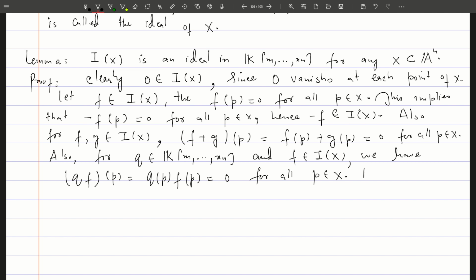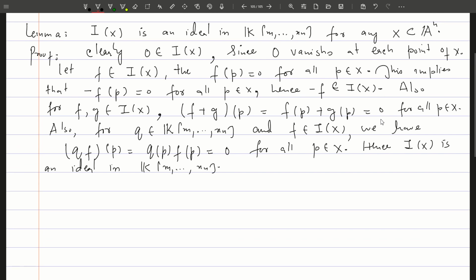So hence I(X) is an ideal in the polynomial ring k[x1, ..., xn]. Now this is the formal way to prove this is an ideal.